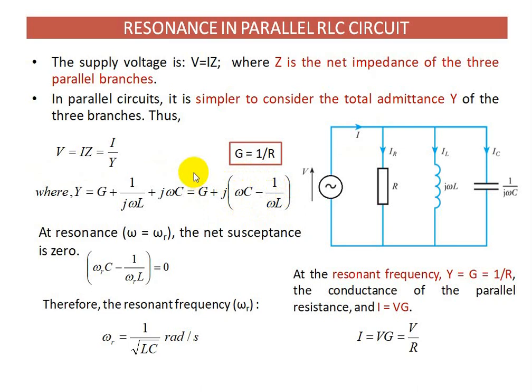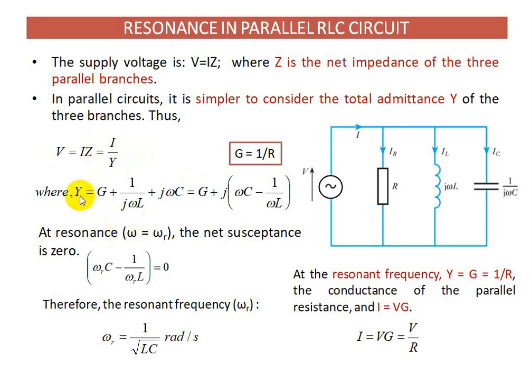So in parallel circuits, we write the equation for total admittance. The applied voltage is equal to I into Z, where Z is the total impedance of the network. We also know that Z is equal to 1 by Y, where Y is the admittance, the reciprocal of impedance. So this can be written as I by Y.